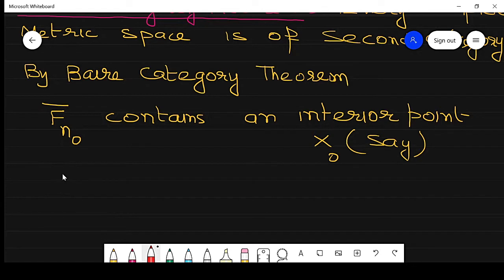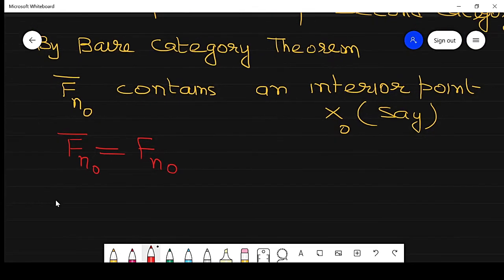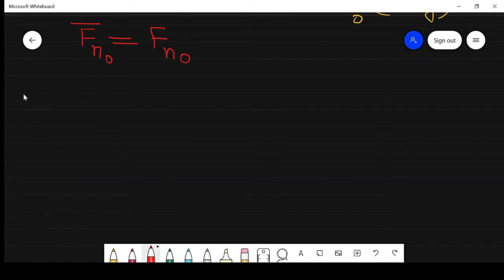Now since Fn0 is a closed set, the closure of Fn0 is equal to Fn0. So it contains an interior point. Interior point means it contains some ball. So suppose S with center x naught and radius r naught is part of Fn0.